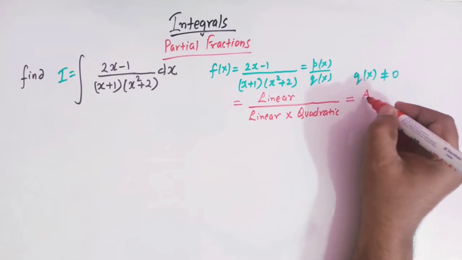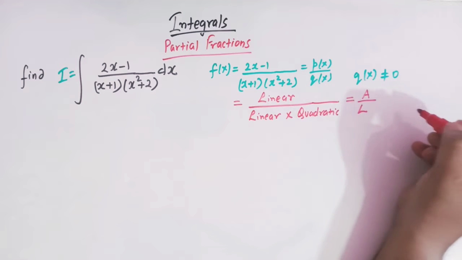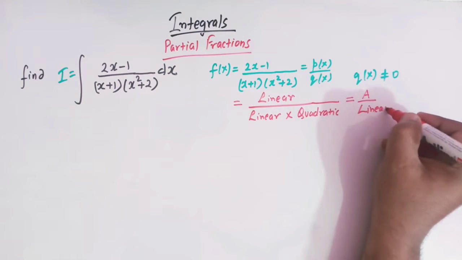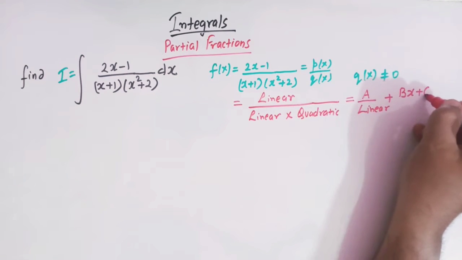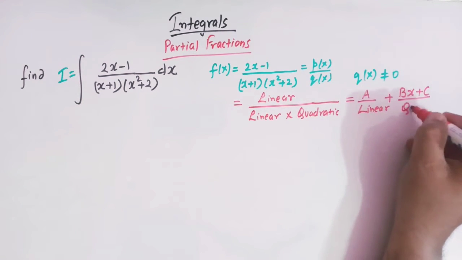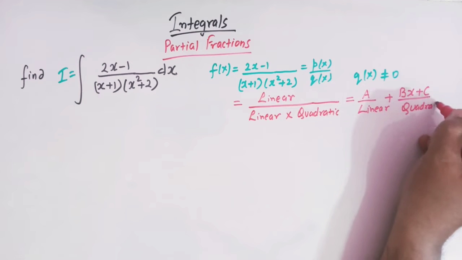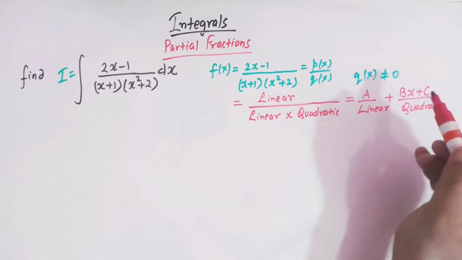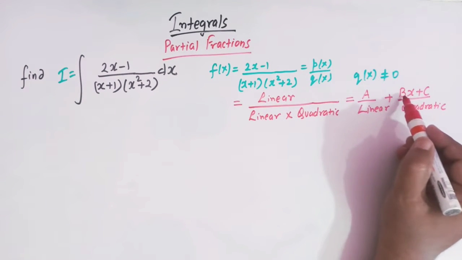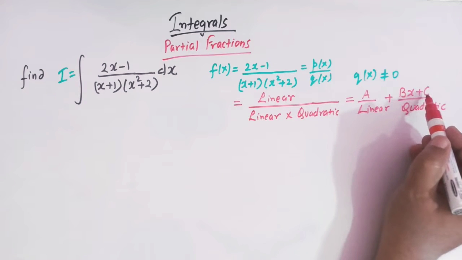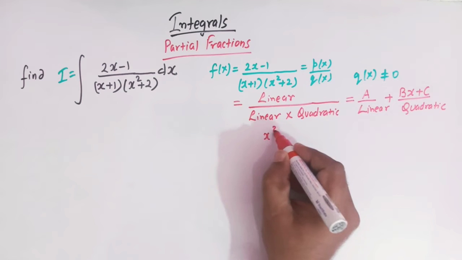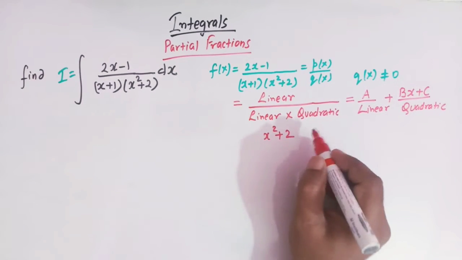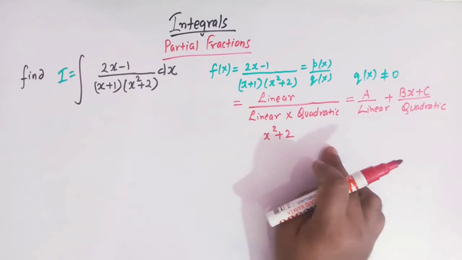We have A over a linear factor, and then we have (Bx plus C) divided by the quadratic polynomial. Here we have written Bx plus C because the quadratic polynomial x square plus 2 cannot be resolved into linear factors.